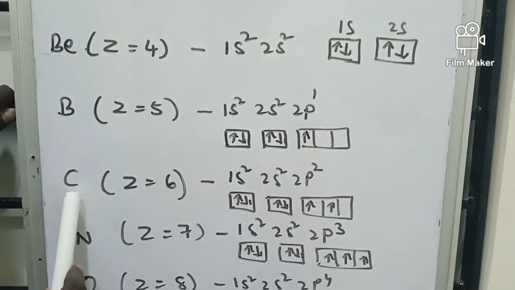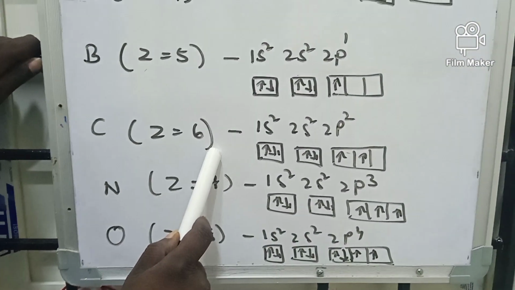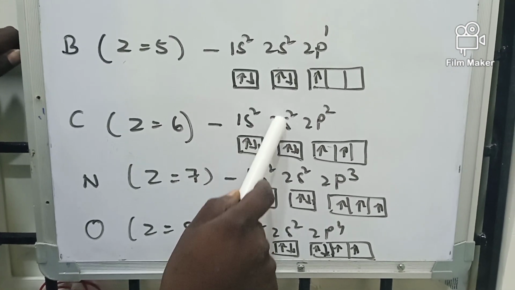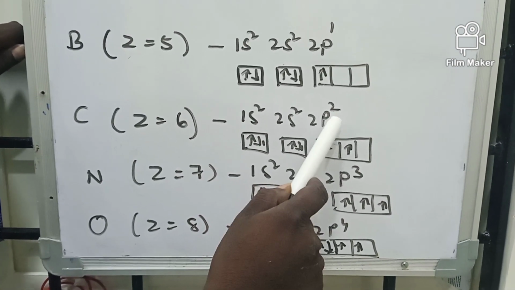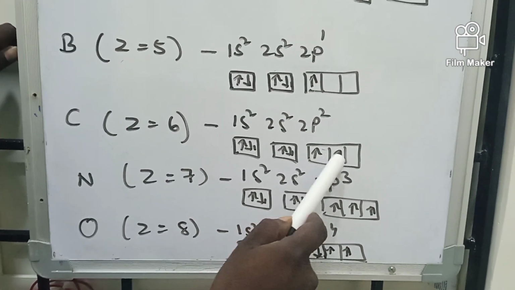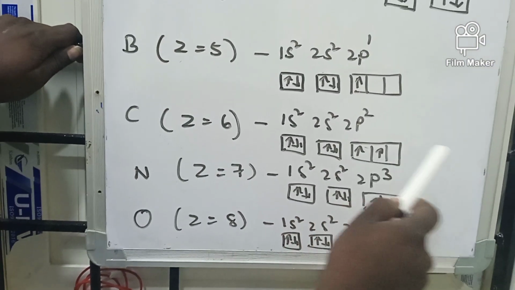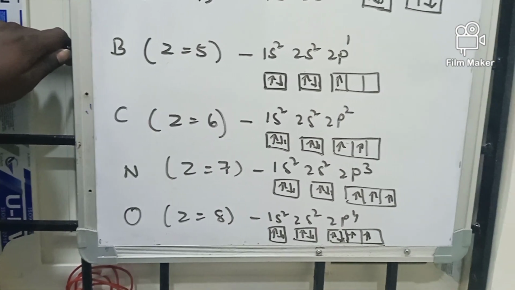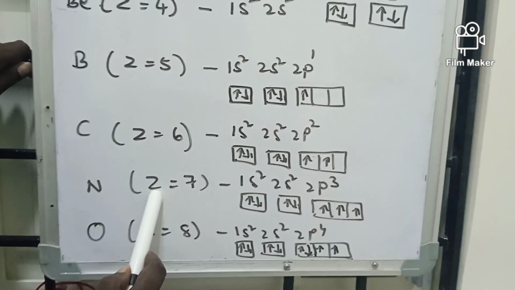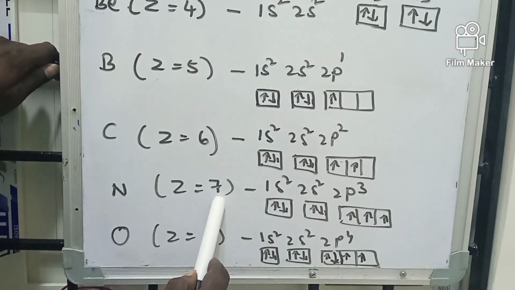2px. Next, carbon has 6 electrons: first 2 in the 1s, next 2 in the 2s, and the next 2 electrons, one in the 2px, the other in the 2py. It will not pair, it will fill 1 electron in each orbital, because these three are degenerate orbitals. Same like nitrogen.